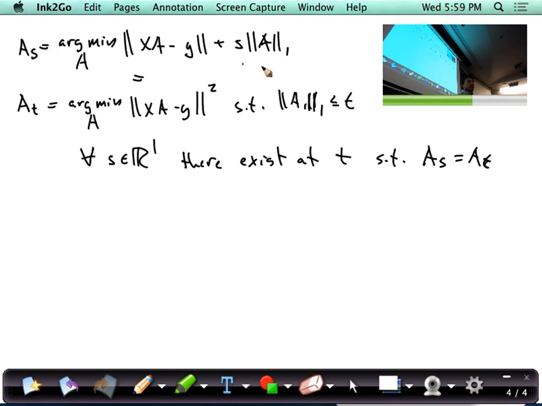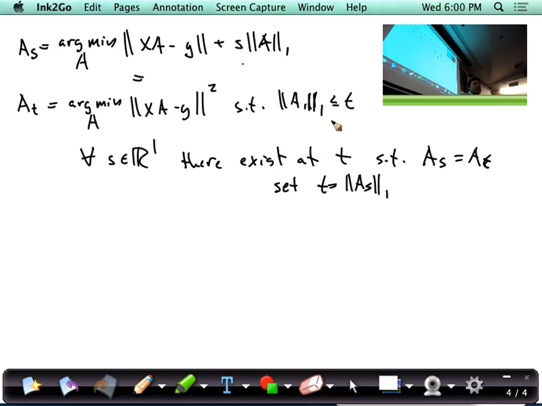So it turns out that'll always give the same solution. Yeah, so you can set T equal to the one norm of A_S. Okay.